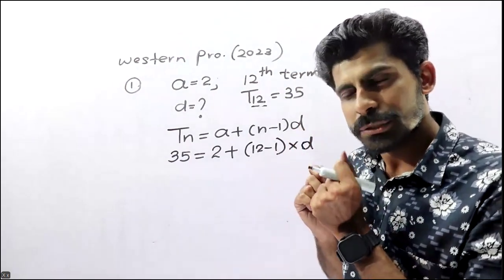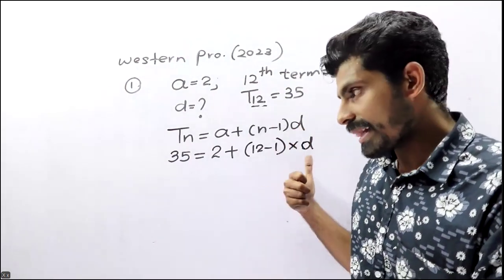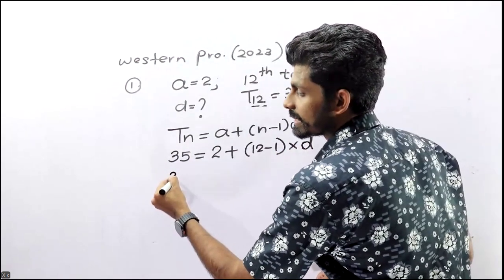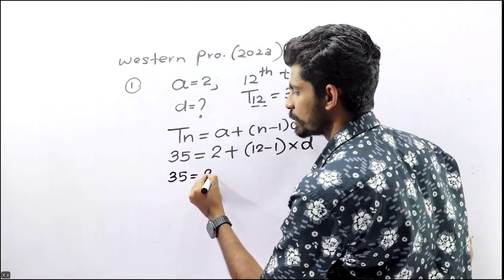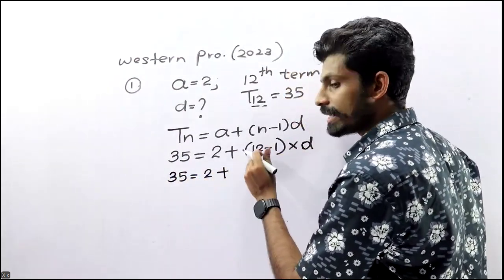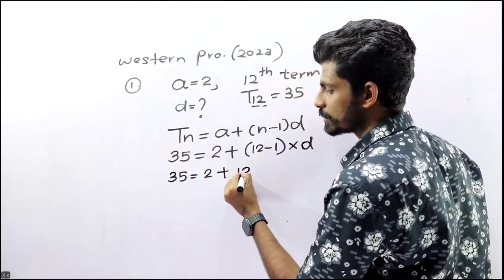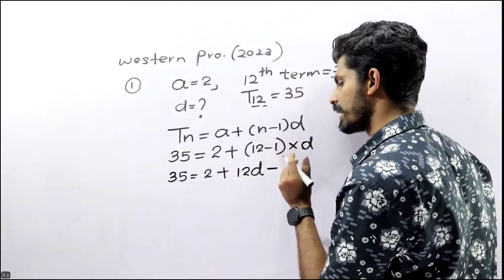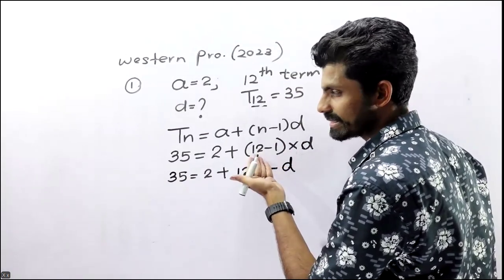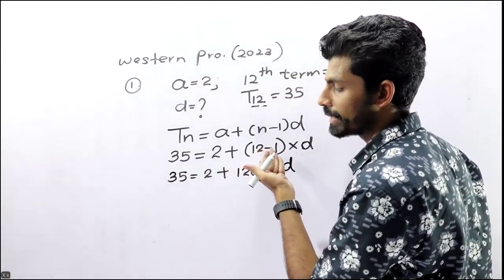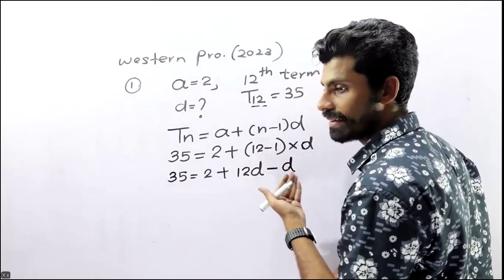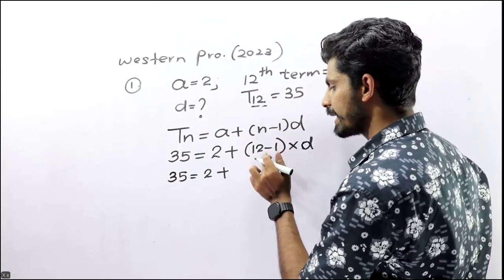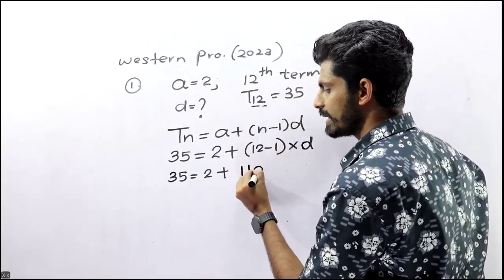I stopped here for a little while; try to get the value of d by yourself, right? 35 equals 2 plus d into 12 minus d into 1, or we can do it easily: 12 minus 1 equals 11, so 11d.